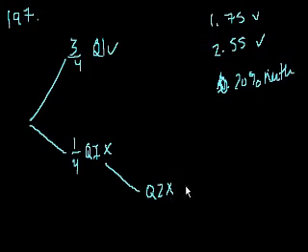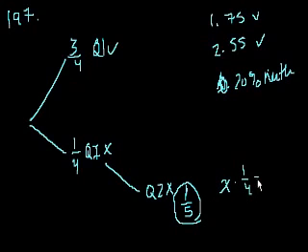So this is 1/5 of the entire population. So if this is 1/5 of the entire population, what fraction of these people was it? Well, of these people, the fraction that got Q2 incorrect, let's write that as x. So x times 1/4 is equal to 1/5. Multiply both sides by 4, you get x is equal to 4/5.